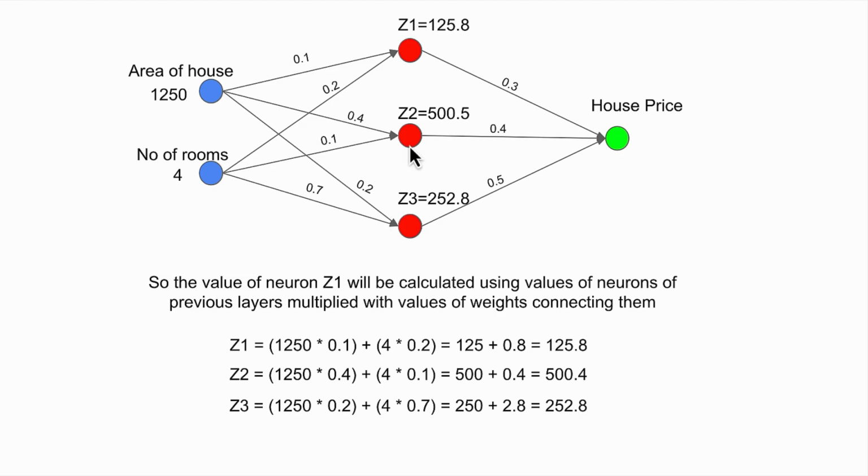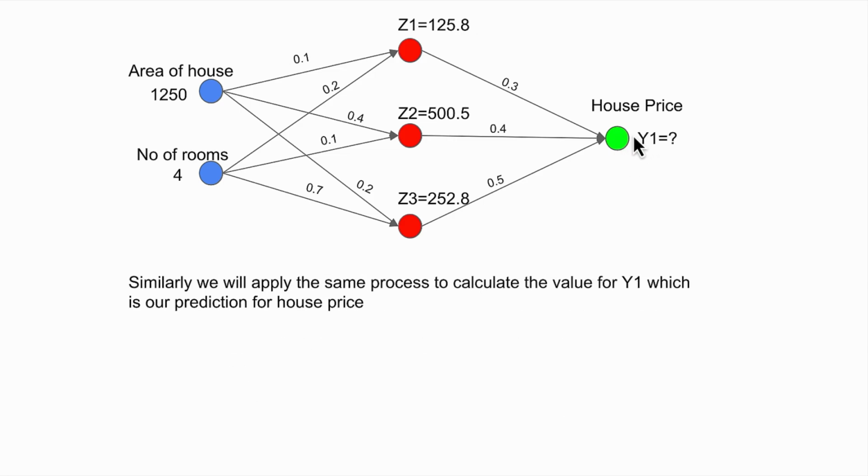Now, after finding these values for Z1, Z2 and Z3, the next step is finding the value for this green neuron, the neuron of our output layer. Let's name this neuron Y1. To calculate the value for Y1, we use the same procedure. We take the values of the neurons connected with this Y1 and multiply them with the weights connecting them.